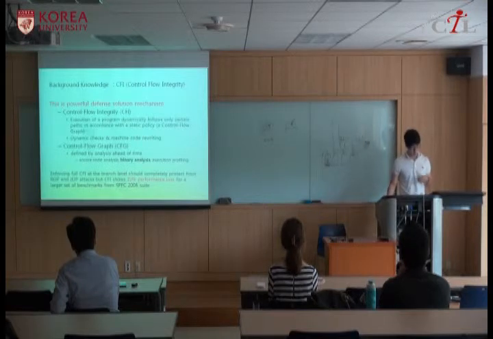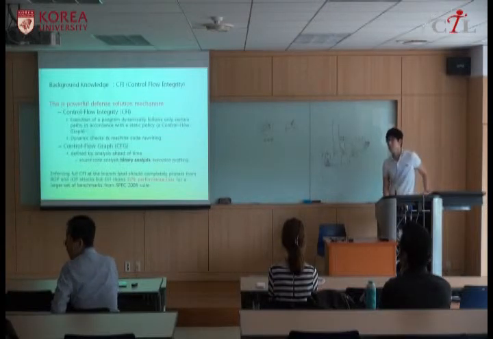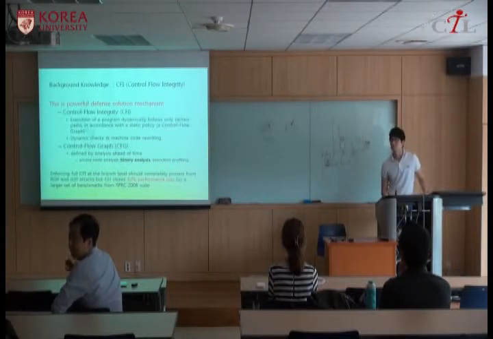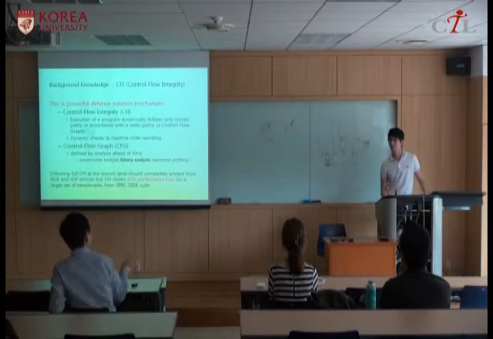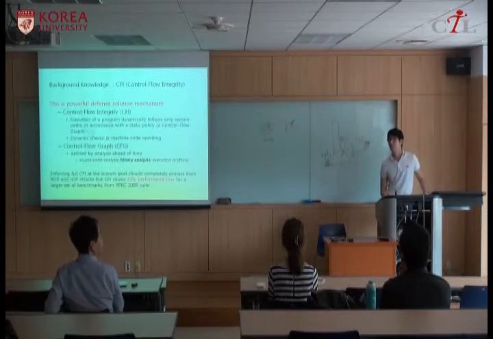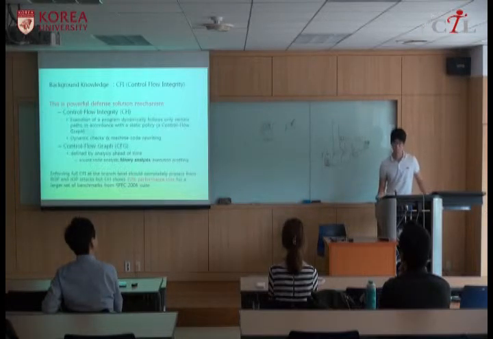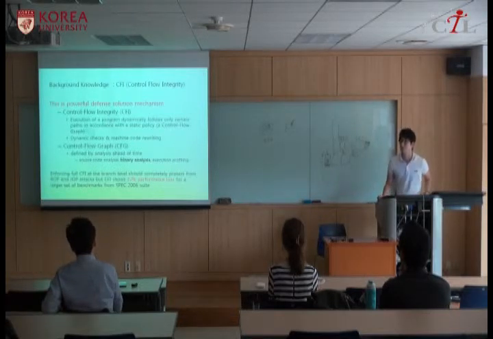CFI means program execution flow strictly follows certain paths. How can you enforce that? Somehow they are enforcing the original control flow, right? Because attacks are changing the control flow. How do they enforce the original control flow? Actually, that is not described in this paper. And if they do that, they have this kind of performance loss.